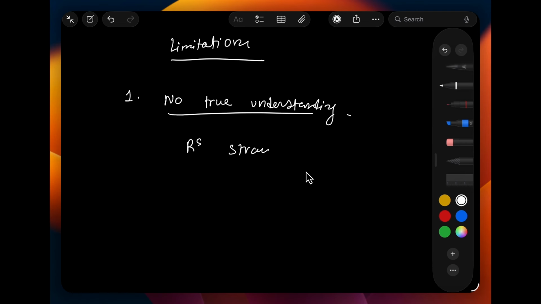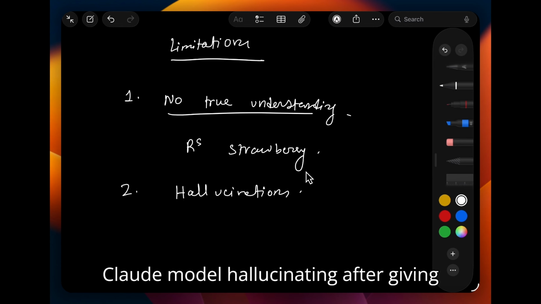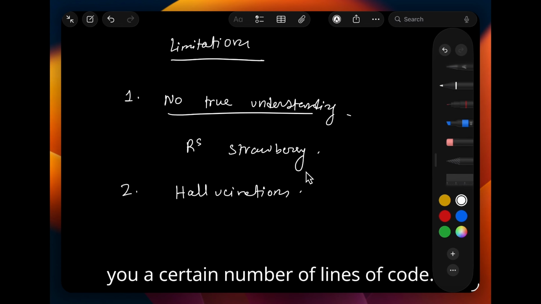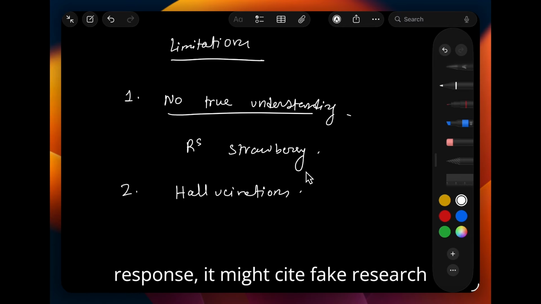Number two, hallucinations. If the patterns are ambiguous, it generally hallucinates. You have heard that Gemini hallucinates while providing code, or the Claude models hallucinate after giving you a certain number of lines of code. If patterns are ambiguous, it confidently predicts plausible sounding nonsense responses.